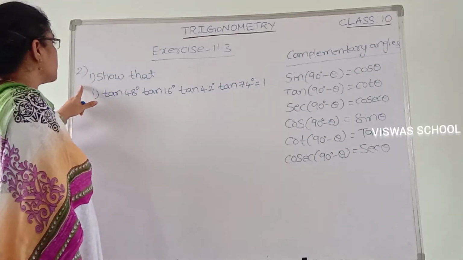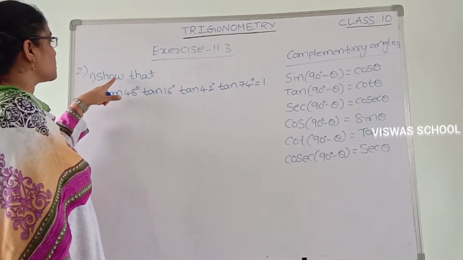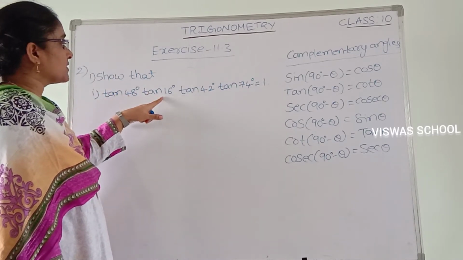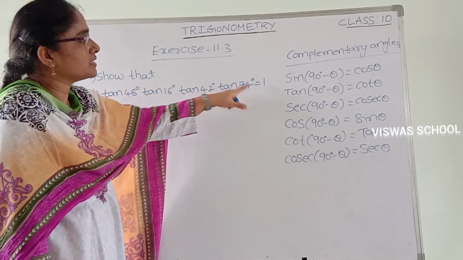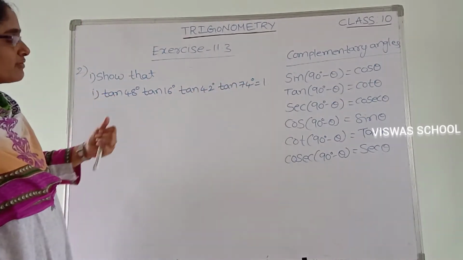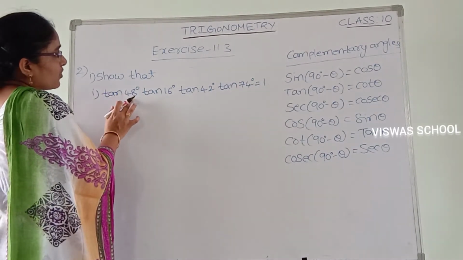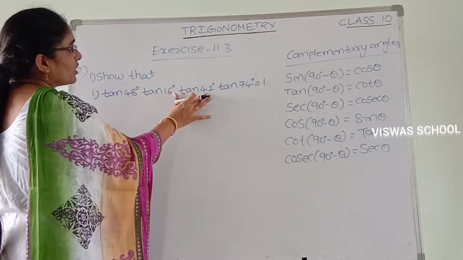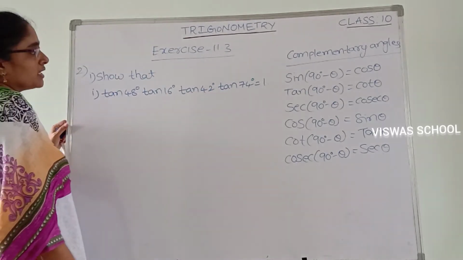Next is the second problem, the first bit in the second main. Show that tan 48 degrees into tan 16 degrees into tan 42 degrees into tan 74 degrees is equal to 1. We have to prove this. Observe that tan 48 and tan 42 are complementary, since 48 plus 42 is equal to 90.